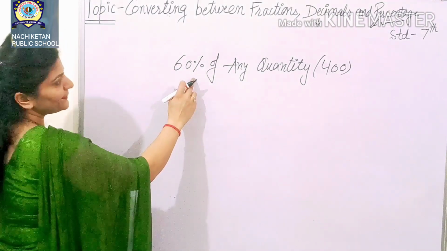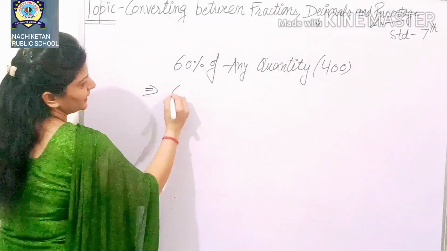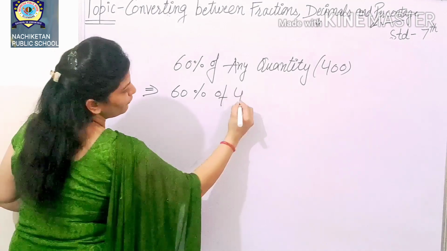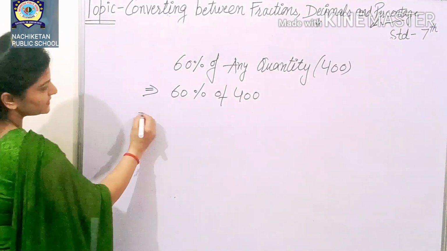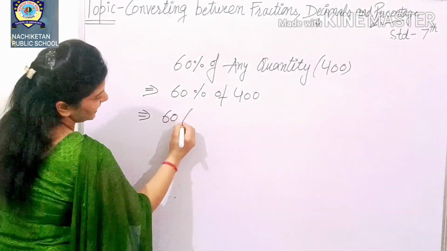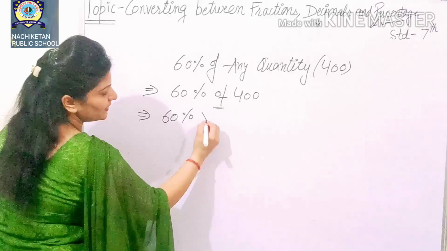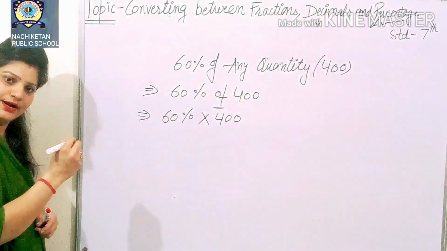See, 60% of any quantity 400. I can write in this way also. 60% of 400. I can write it. Solve this. 60%. As I told you, of means to say it's a multiplication. Now here is a 400.